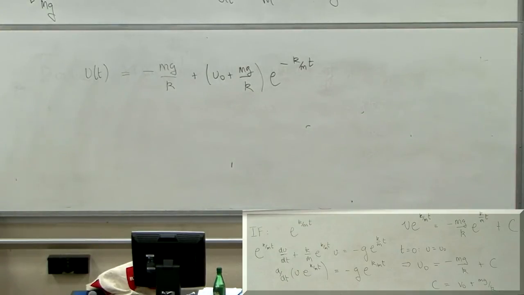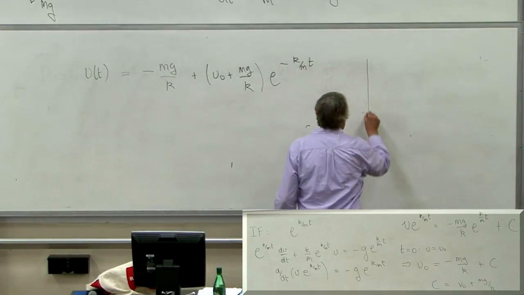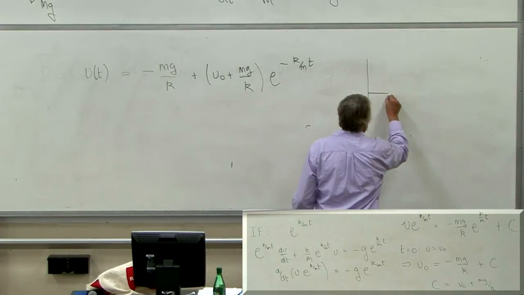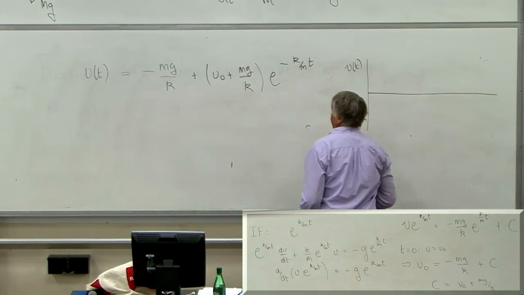So now let's draw a graph of what happens to velocity. Here's the velocity, v of t versus time.